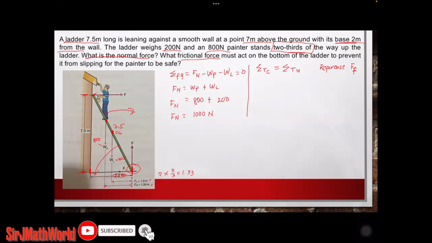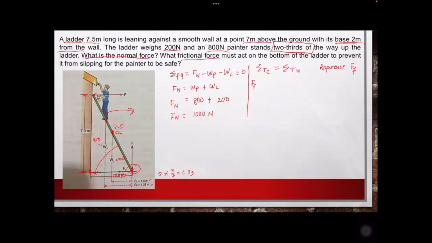So, yung mga clockwise lang natin ay F sub F and lever ng F is equal to yung counter natin ay weight ng ladder tapos yung lever niya plus weight ng person tapos yung kanyang lever ng person. So magkakaroon tayo ng F sub F. Yung lever niya is 7 meters. So saan nakuha yung 7? Ito.